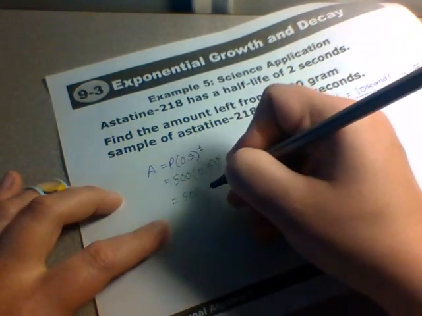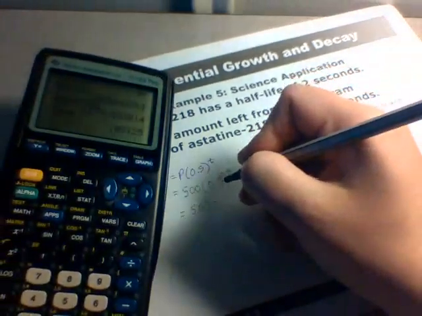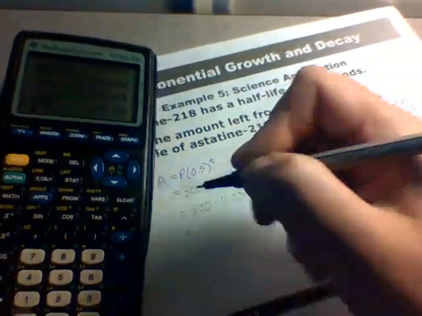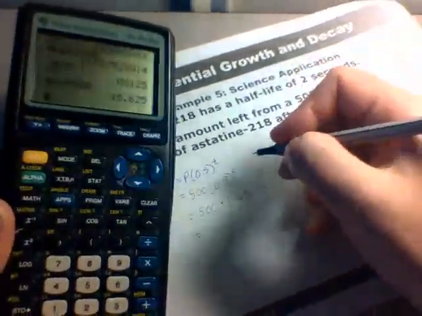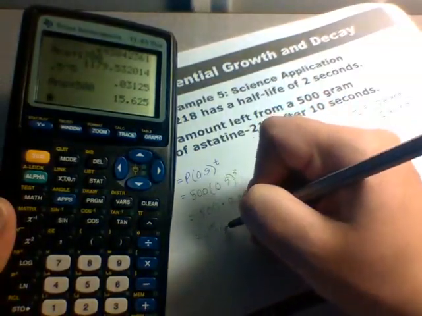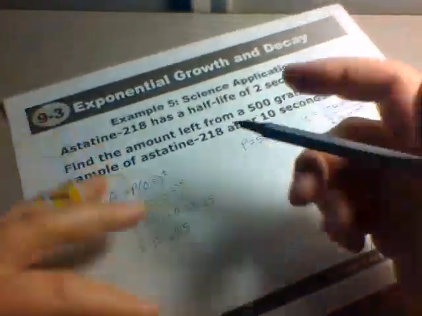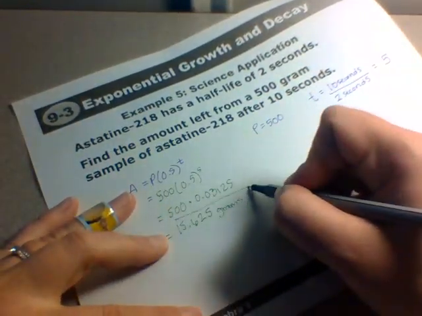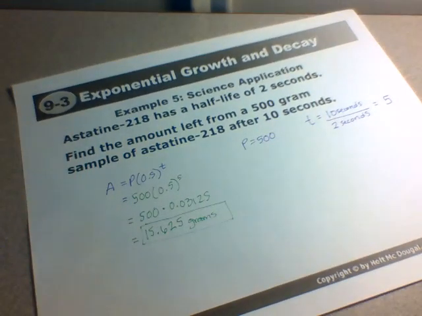And so we'll raise 0.5 to the 5 and get 0.03125. And multiply that number times 500. And we're going to get 15.625. And 15.625 is the number of grams that are left after 10 seconds. So that thing is decreasing pretty darn fast.